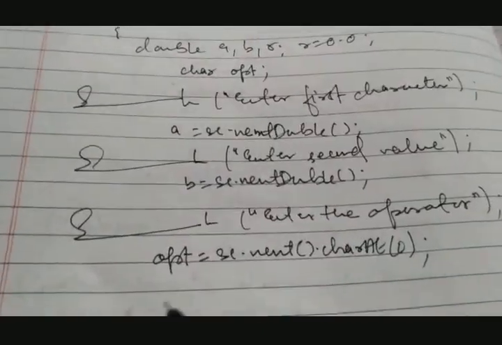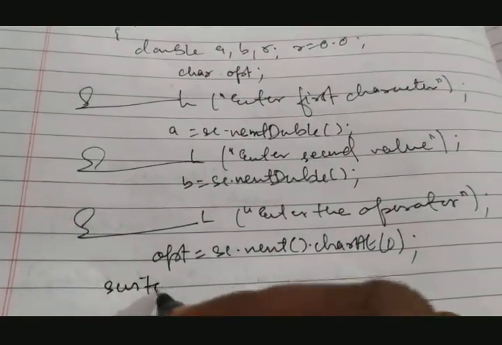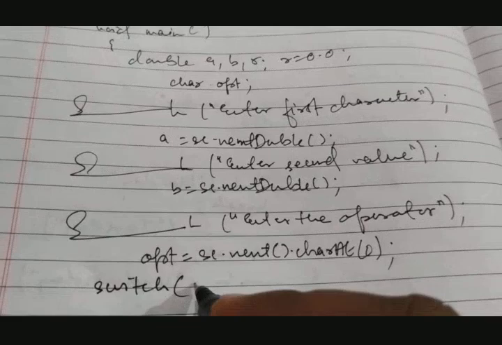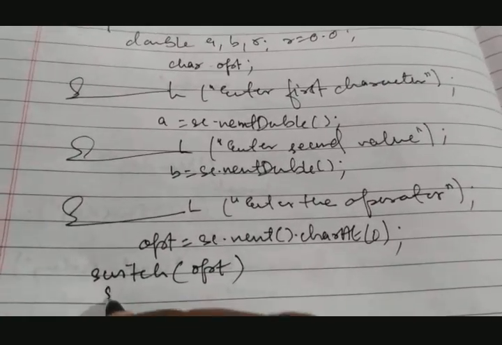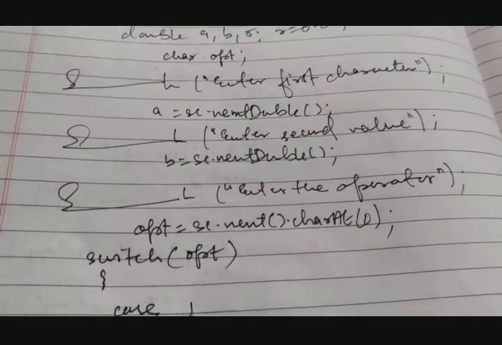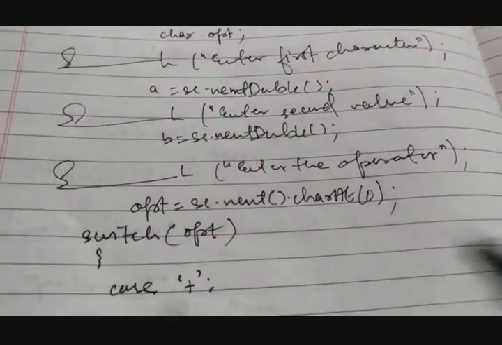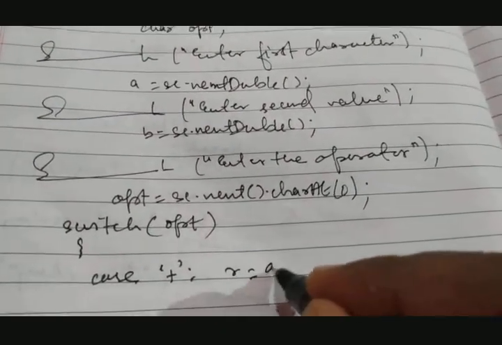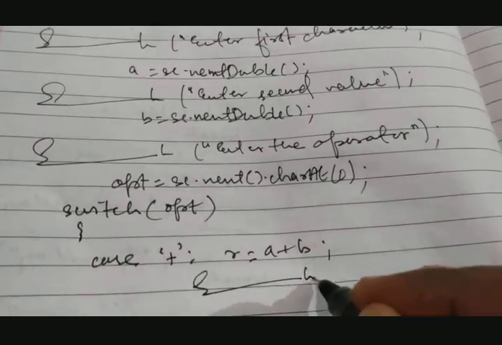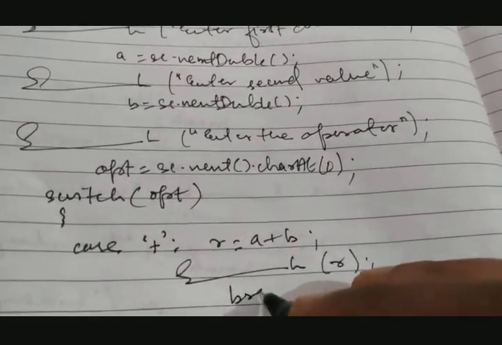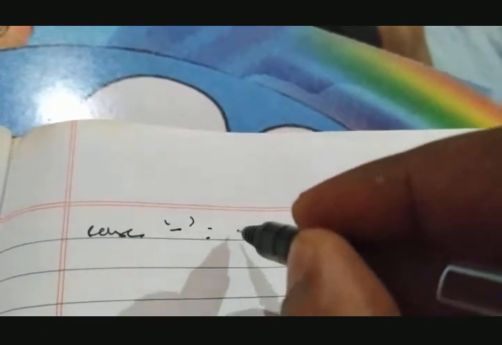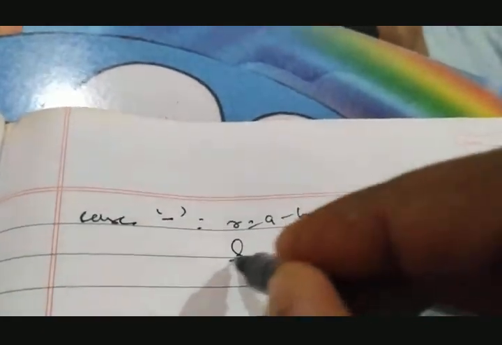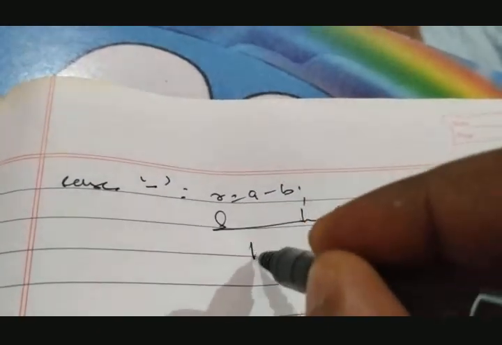Now what goes in the switch? opt goes in. Case plus; the character is kept in single quotes. So r equals a plus b, println r, break. Then case minus, r equals a minus b, println r, break.